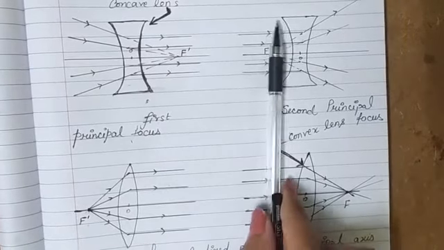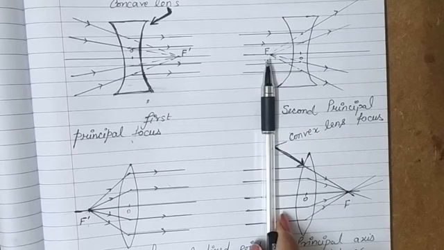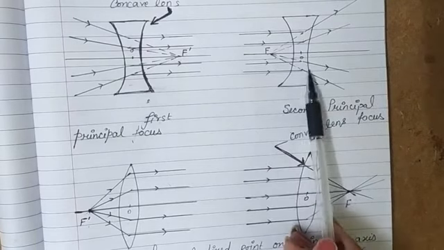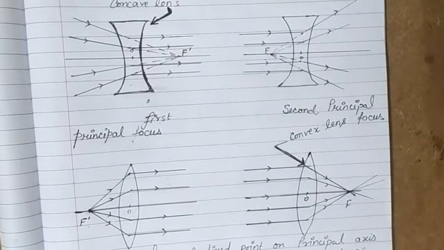Similarly, the plane that is passing through the second principal focus and perpendicular to the principal axis is called the second focal plane. Just as with focal length, the distance between the optical center and the first focus is called the first focal length, and the distance between the optical center and the second focus is called the second focal length.